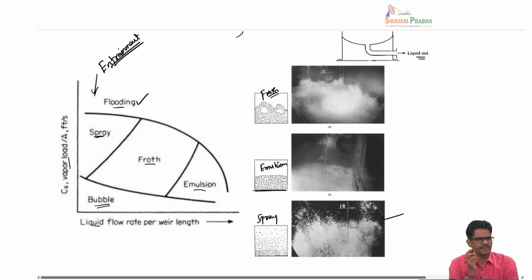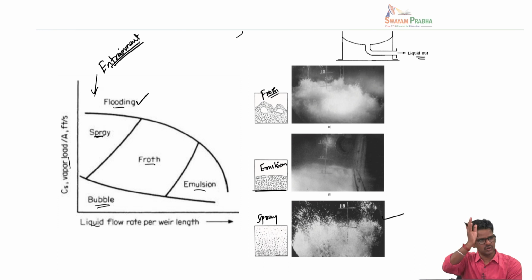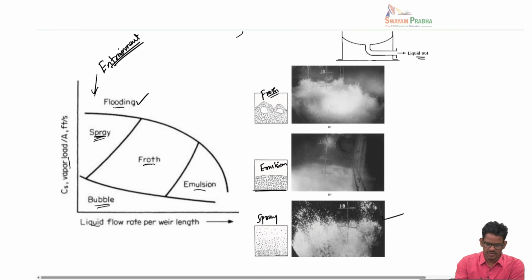So in entrainment, the liquid gets carried over in the gas stream itself. When the gas goes out of the column, it carries some of the liquid with it. That's called entrainment, and that is also not something we should be operating in. So the safest place to operate is either spray or froth or emulsion regime.